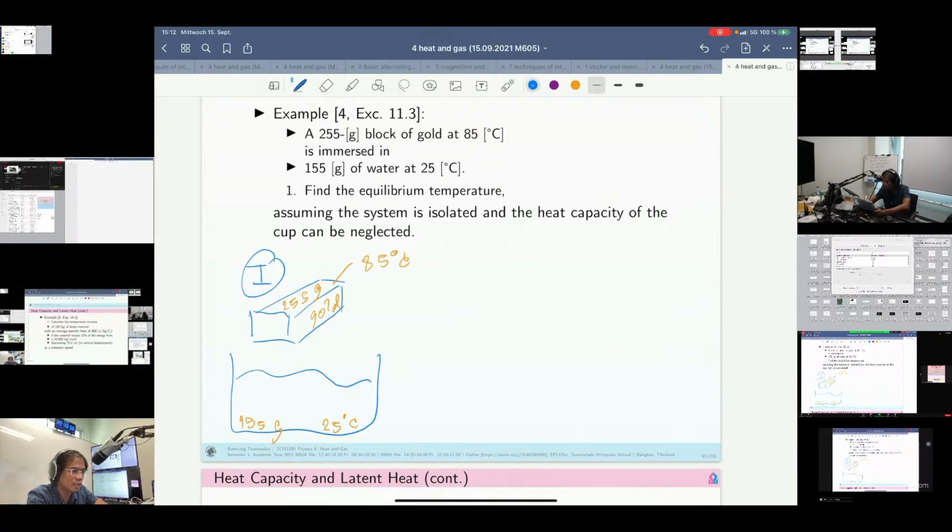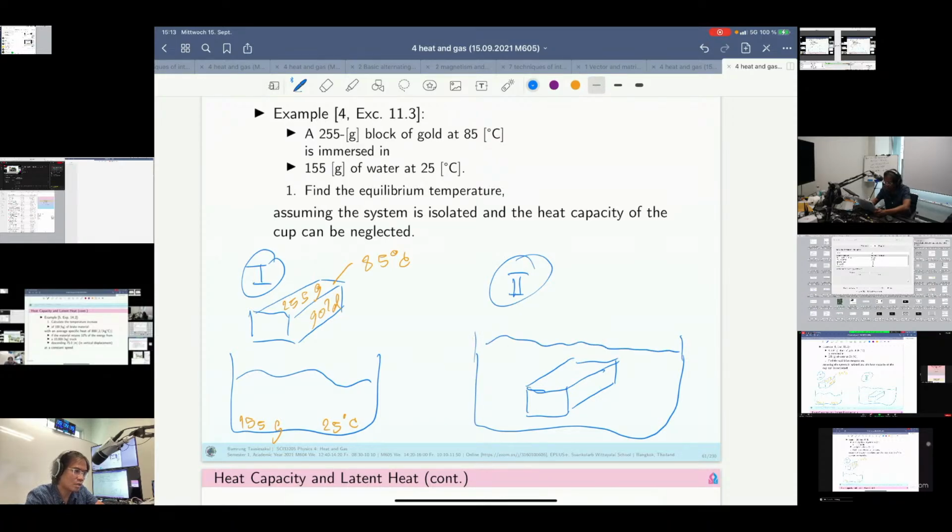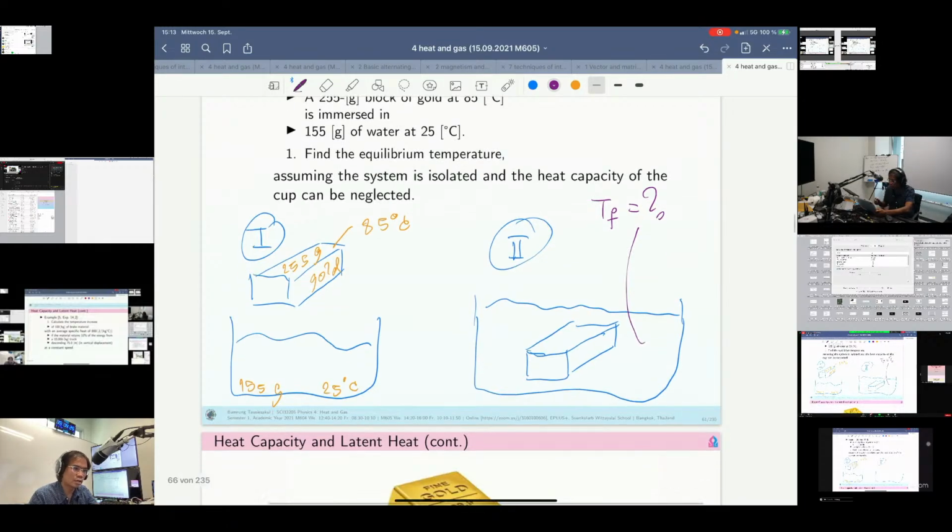In the second state, they just lay down together, and the water is going to increase a little bit. They would like to know what is T final, the temperature at the end of this problem.